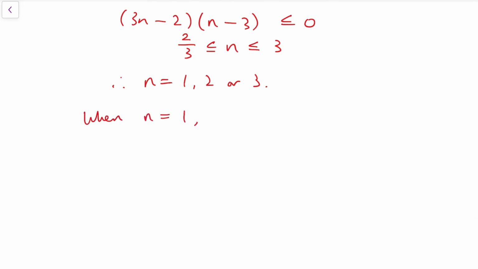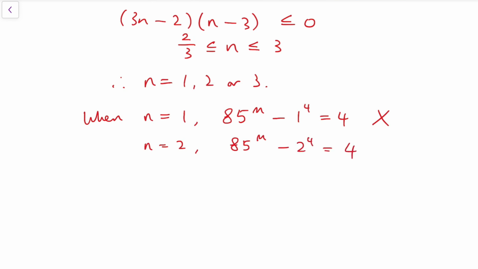When n equals 1, going back to our original equation, we have 85 to the power m minus 1 to the power 4 equals 4. Clearly not a solution. When n equals 2, we have 85 to the power m minus 16 equals 4. Again, not a solution.